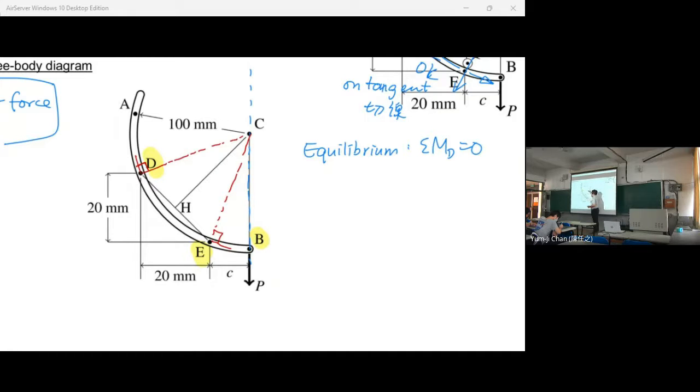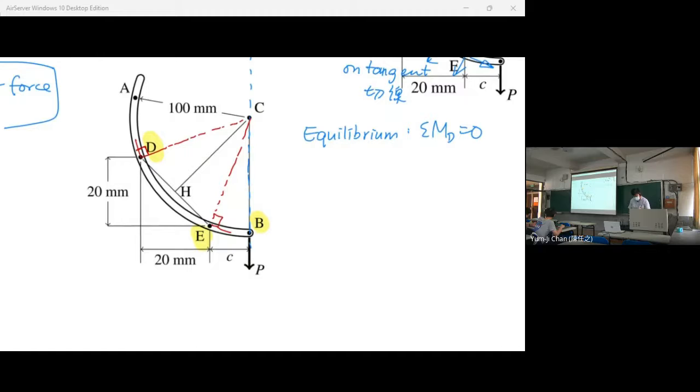Do you think it's going up or going down? Because B is going down, E is going up. So let's draw E here. And because E is going up, D is going down.